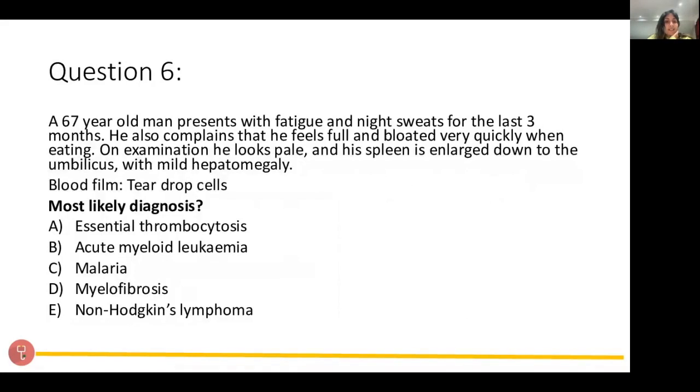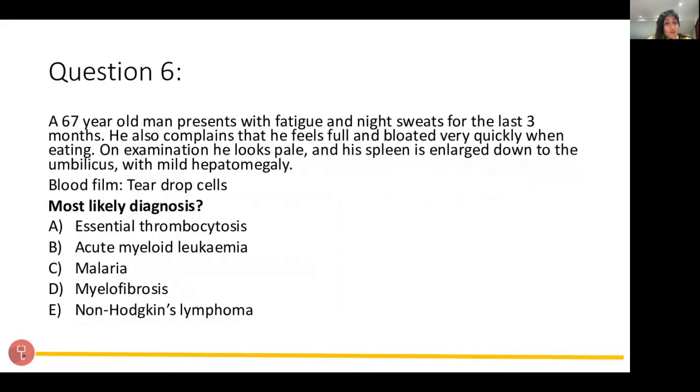If you remember, these very commonly cause splenomegaly, and he's got huge splenomegaly here. They tend to present with very vague symptoms, like the fatigue and night sweats you've got here, the abdominal bloating, loss of appetite, etc. They tend to present very non-specifically.